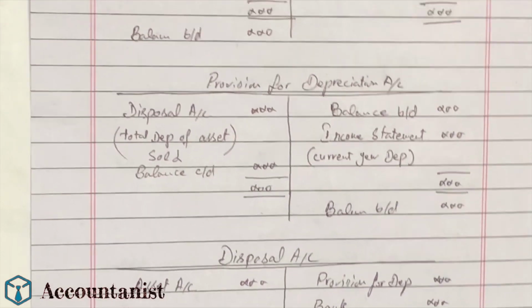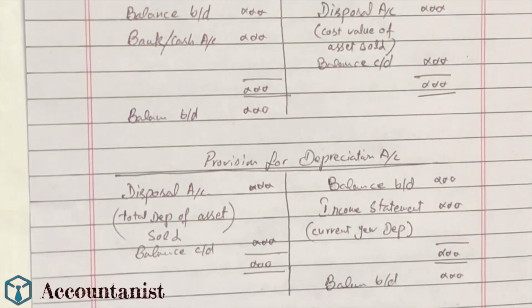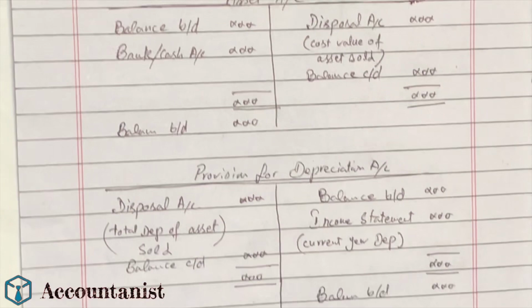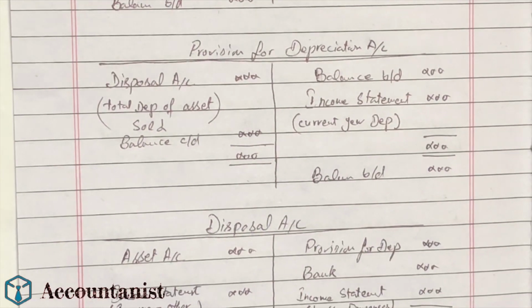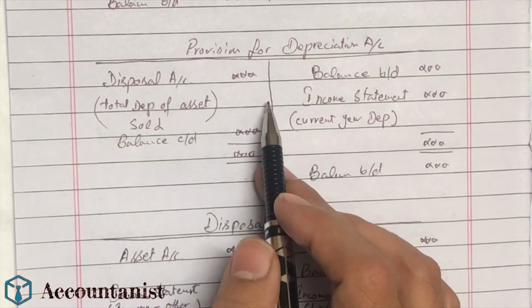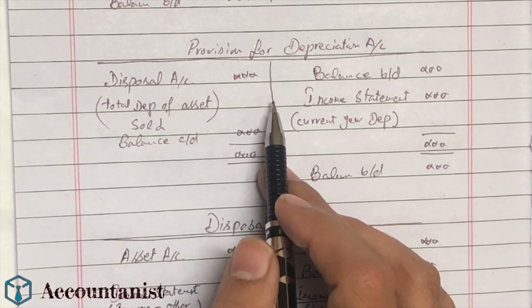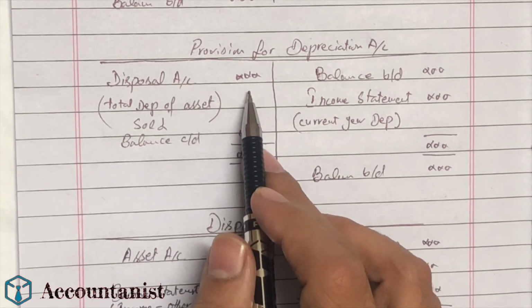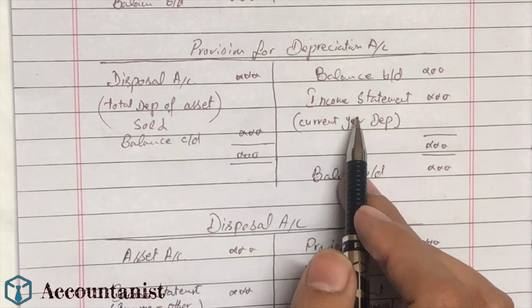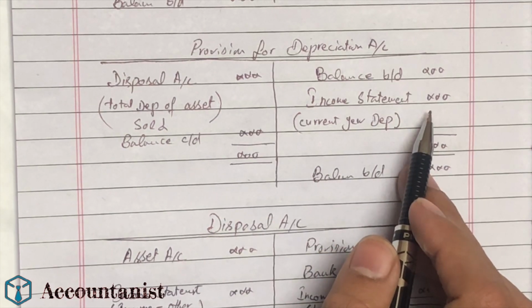The main account for this question is the provision for depreciation account. That's the most tricky one, so students usually make mistakes while calculating the disposal value of depreciation or the income statement value of depreciation.